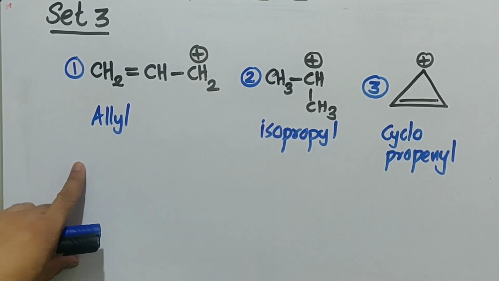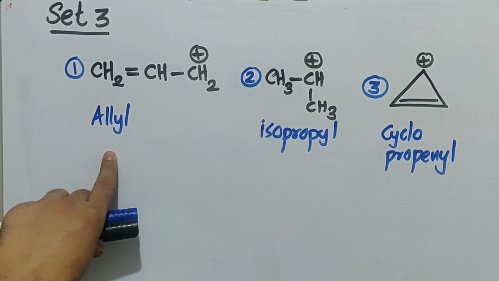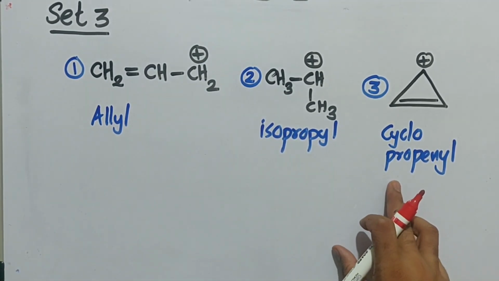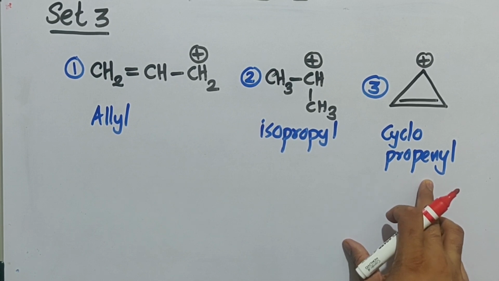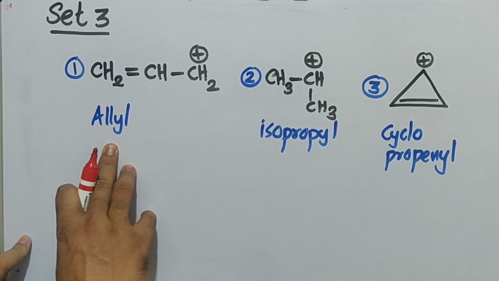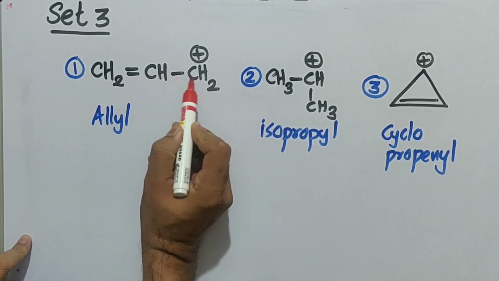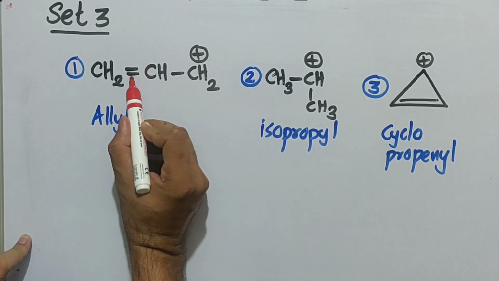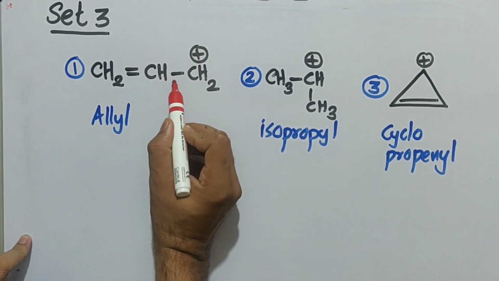In set 3, the given species are allyl carbocation, isopropyl carbocation, and cyclopropenyl carbocation. Firstly, we have to check allyl carbocation. This is a conjugated species, that is, the positive charge and a double bond are separated by a single bond.